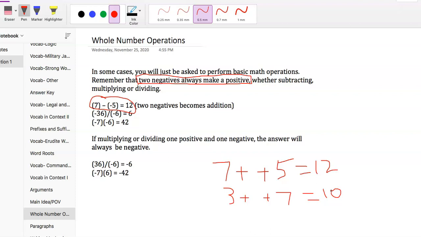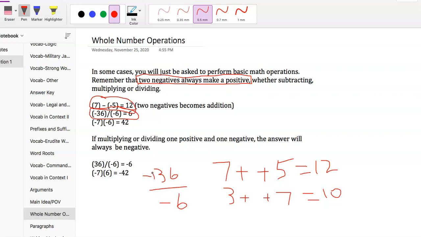The second one, right below 7 minus negative 5, says negative 36 divided by negative 6 equals 6. You can see that. I'll circle it. So we have negative 36 divided by negative 6.